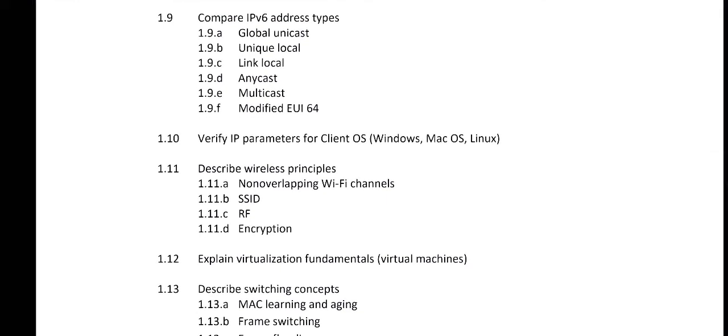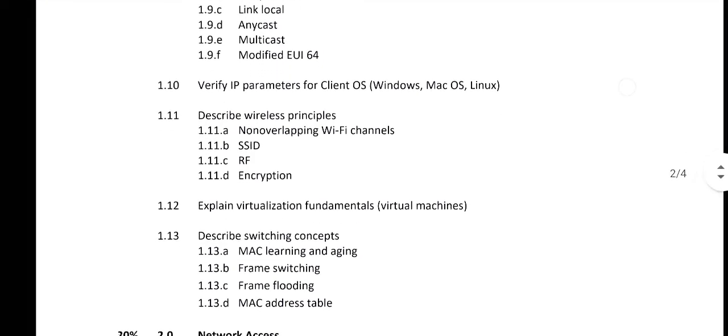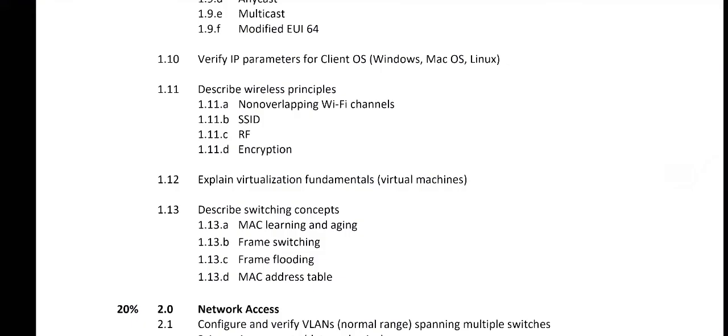Anycast is just some devices. Modified EUI-64. You need to really know those concepts. There are tables available on the internet, also from the official Cisco website. Those details are listed pretty clearly on the Cisco official website, and that's very useful to have.